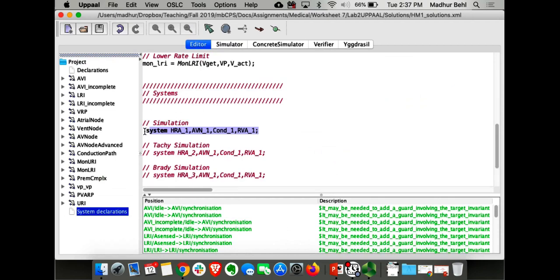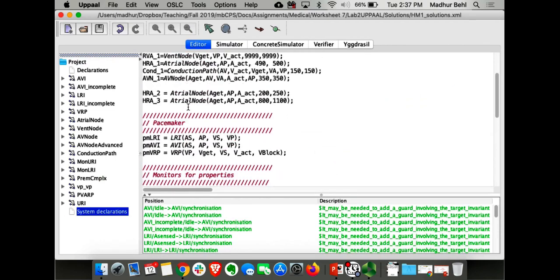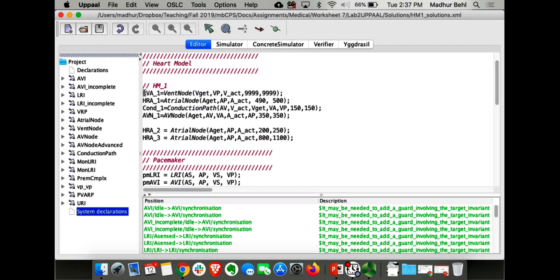And here, in addition to defining the regular objects or instances of these templates, I have also defined two special cases. I have defined an instance of an atrial node such that the wait intervals, A min weight and A max weight, are roughly half of what they were in the normal sinus rhythm.